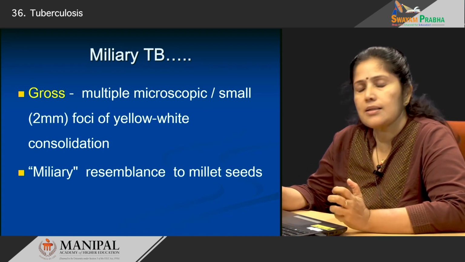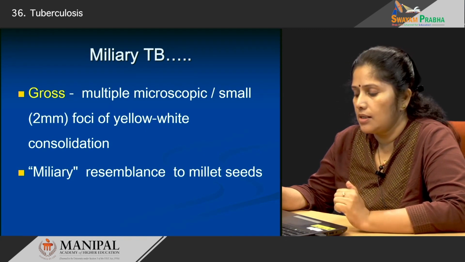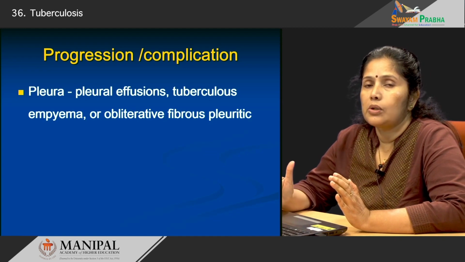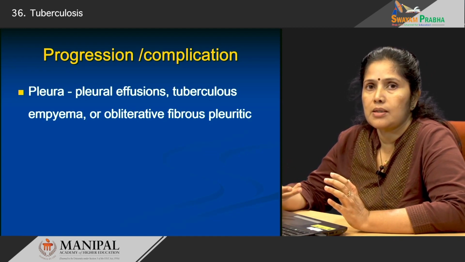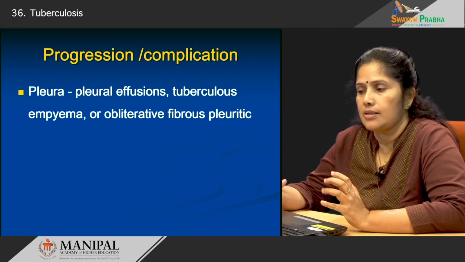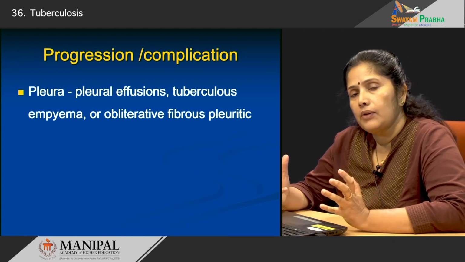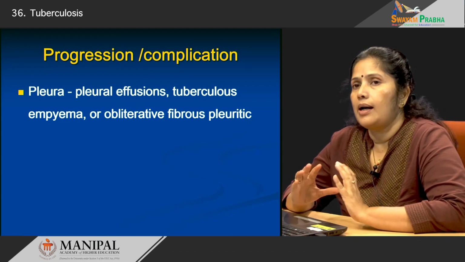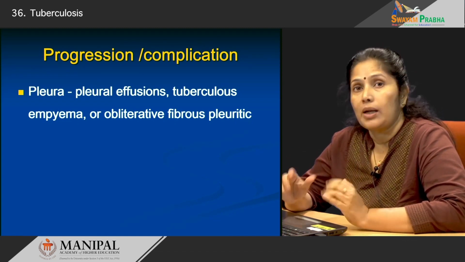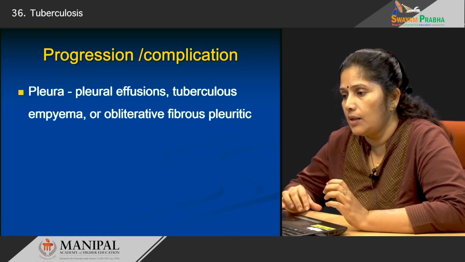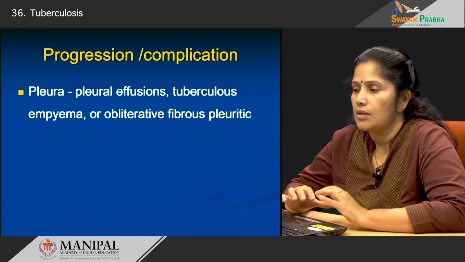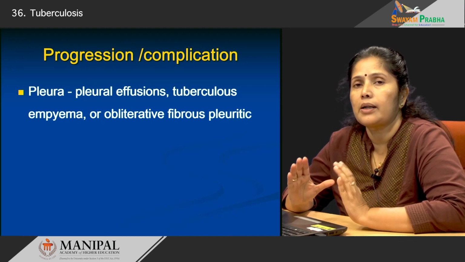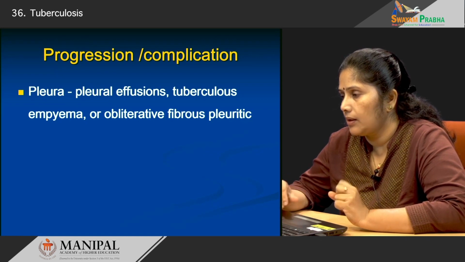Now, how do these lesions progress? If a patient has miliary tuberculosis, he is likely to develop pleural effusion. So, fluid develops in their pleural cavities, or they can develop a tuberculous empyema, or the entire pleura can undergo fibrosis, and then the patient develops obliterative fibrotic pleural lesions.